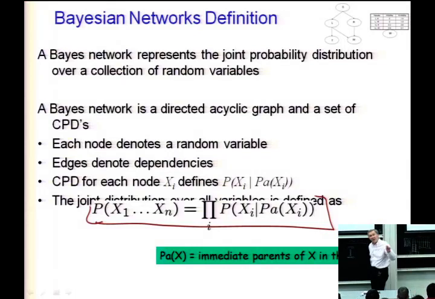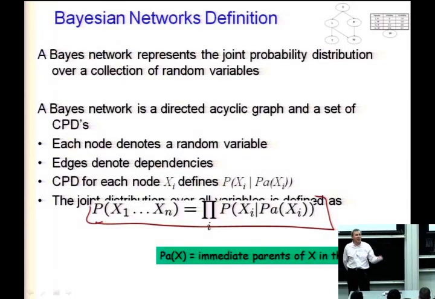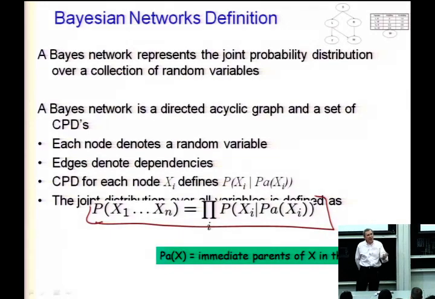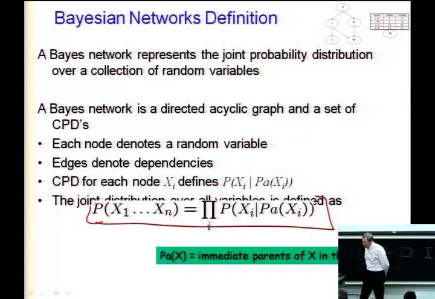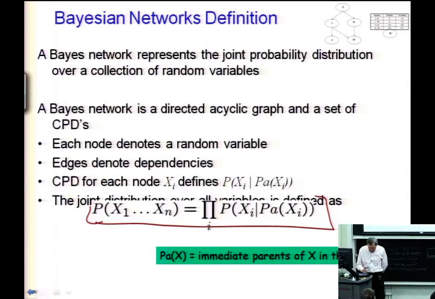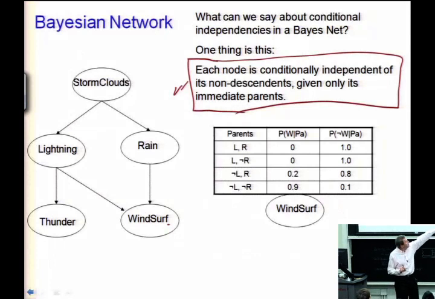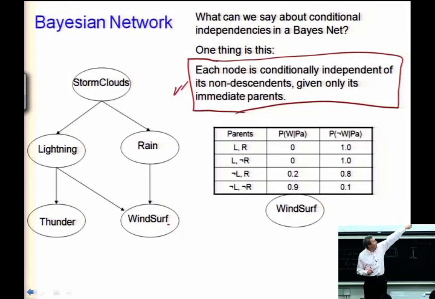And then, as we'll see, we can derive a bunch of conditional independencies from these ground rules. That would be a good homework question, but we're not going to ask it. From those rules, you should be able to prove that each node is conditionally independent of its non-descendants, given its immediate parents.